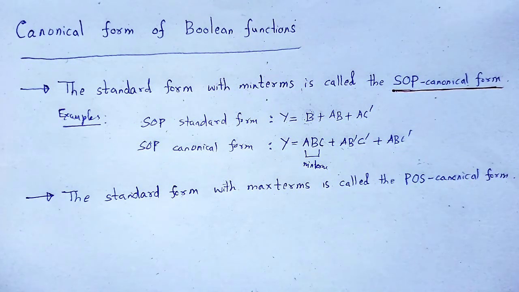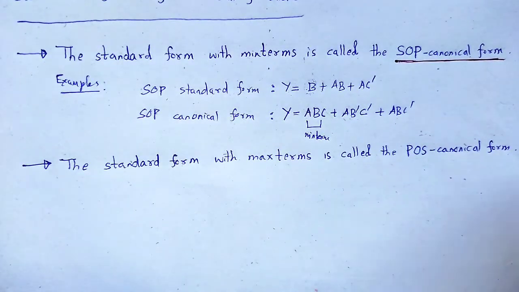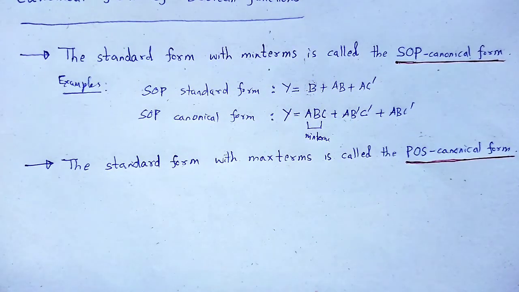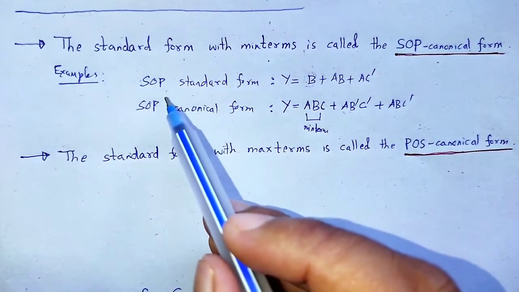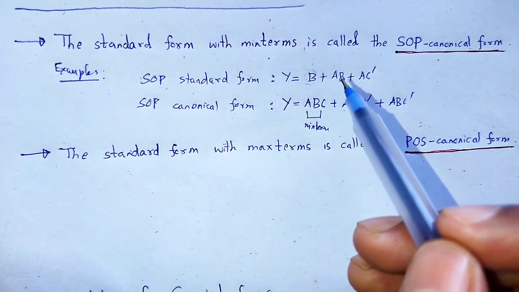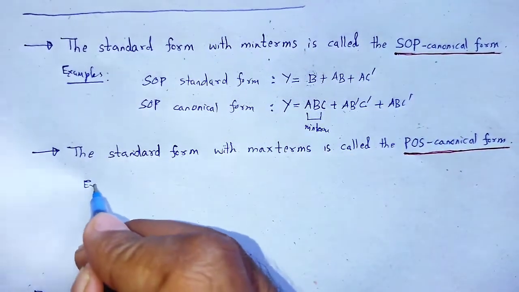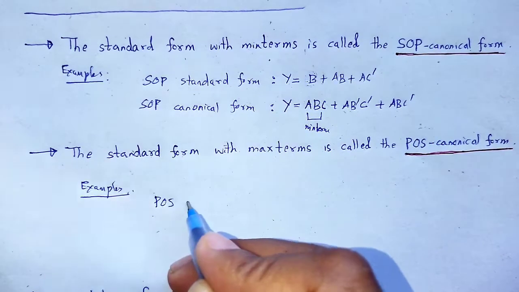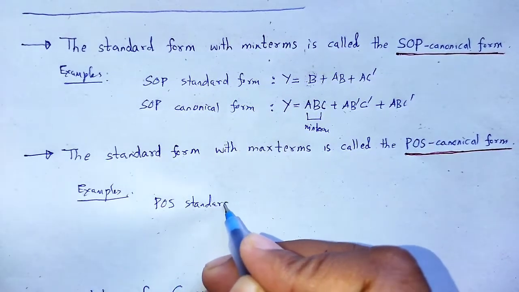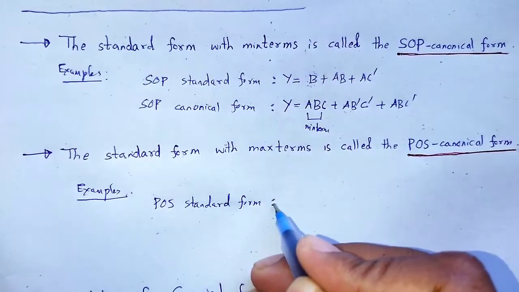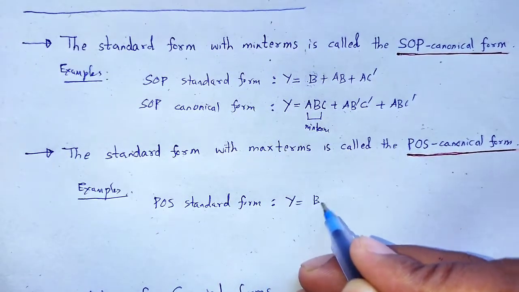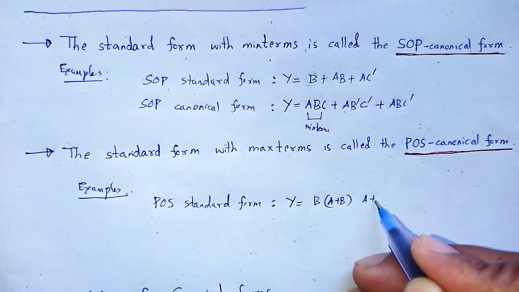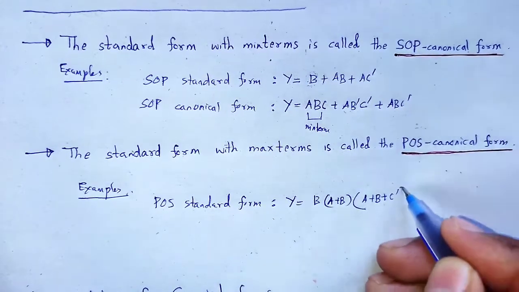Similarly, the standard form with max terms we call product of sum canonical form, meaning all variables are present, whereas in the standard form some are missing. The example, POS standard form: y equal to b, a plus b, a plus b plus c dash.